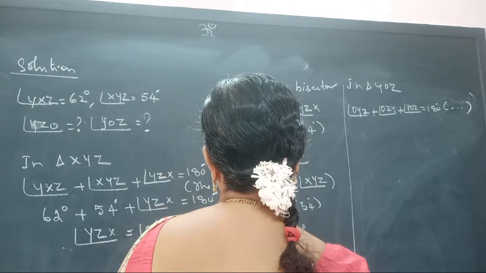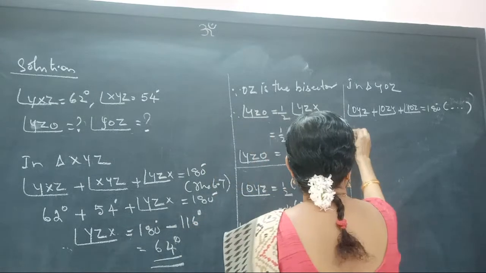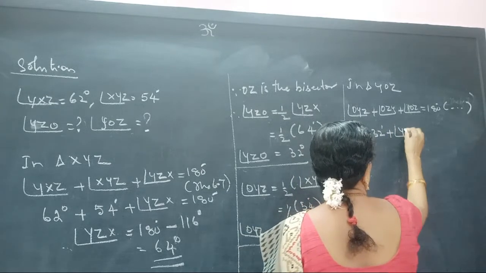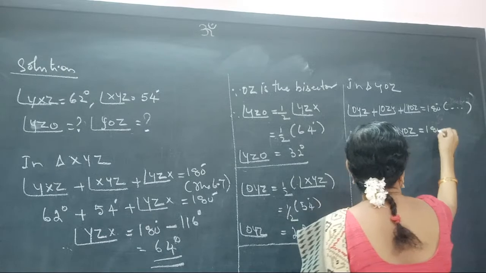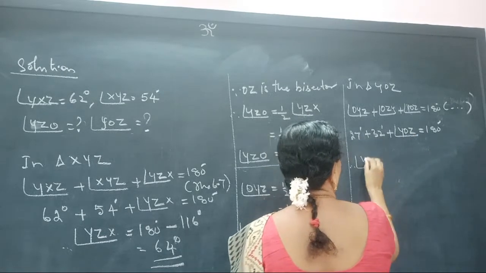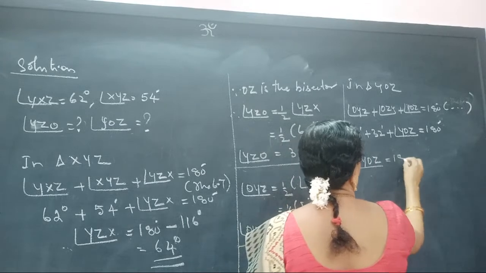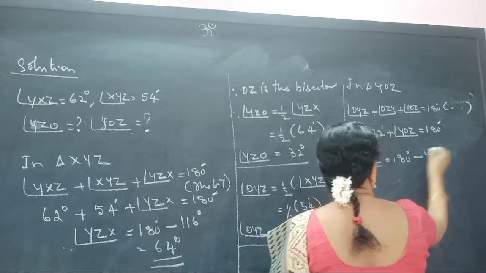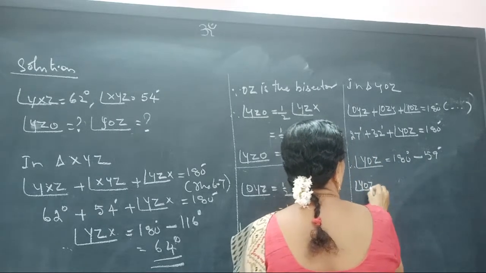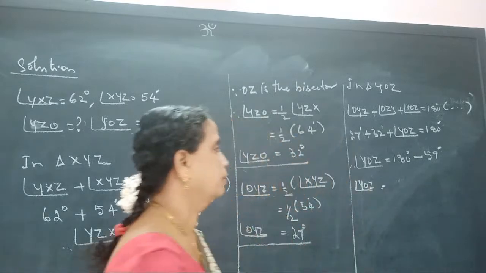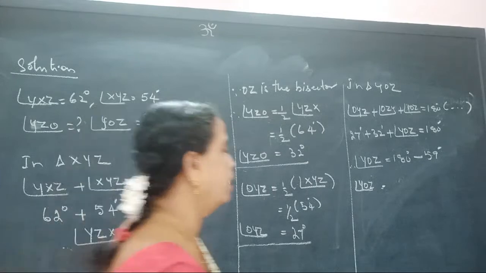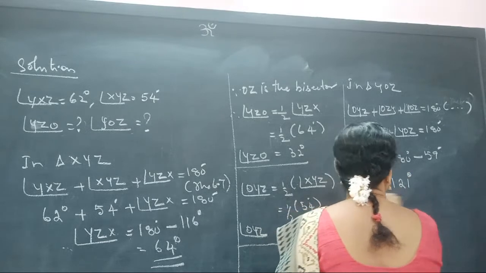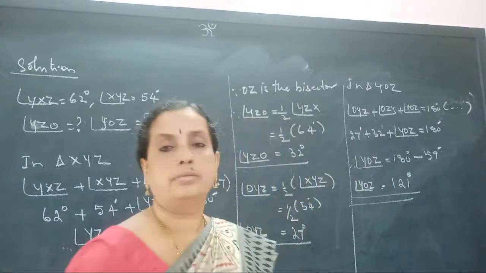OYZ, what is OYZ? 27 degree, 32 degree plus angle YOZ equals 180 degree. Therefore, angle YOZ equals 180 degree minus 59 degree. What is YOZ? 10 minus 9, 1, 7 minus 5, 2, 121 degree. Okay?